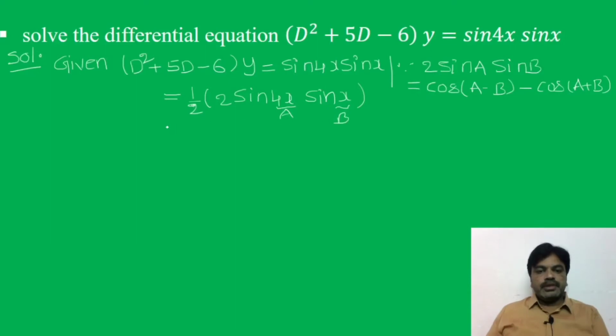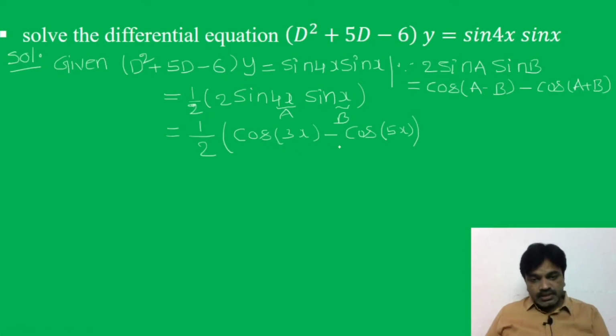So that is equal to 1 by 2 into cos(a minus b), 4x minus x, we get 3x, minus cos(a plus b), 4x plus x, we get 5x.